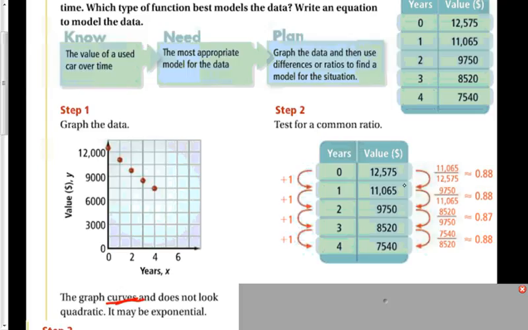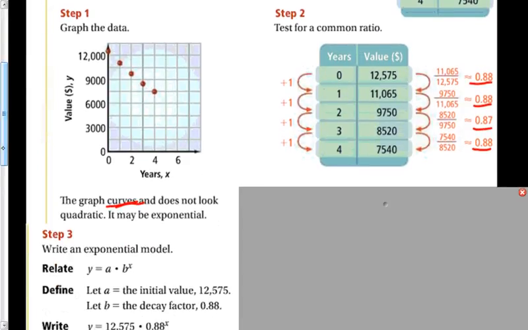So you go backwards, you do 11,065 divided by 12,575 to get whatever you multiply by every time, and it's about 0.88 every time. There's one where it's closer to 0.87 if you round, but again, it's not going to be perfect. So if you multiply by the same number every time, through the years, it is going to be exponential. So we know it's exponential.